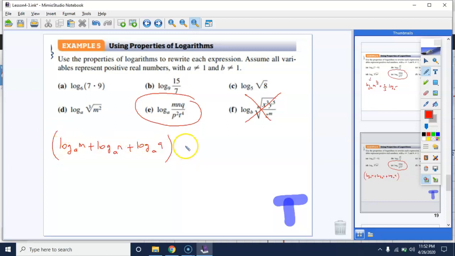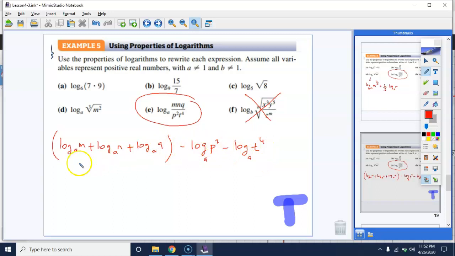And then minus logarithm of p squared, base a, minus logarithm base a of t to the 4th power.